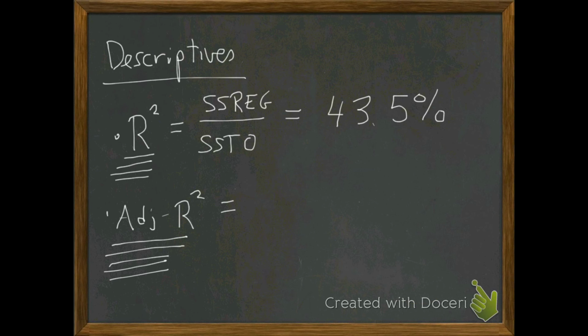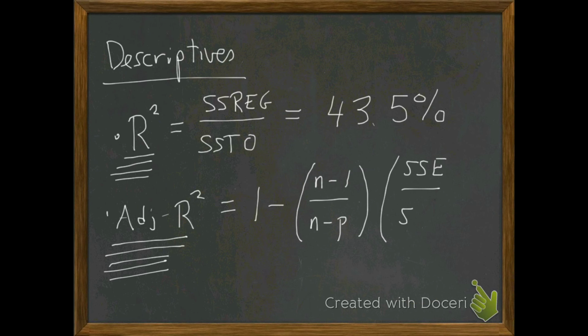Guys, this is pretty easy to find. It's just 1 minus. I always remember that the sum of squares for the total, the degrees of freedom go on the diagonal.